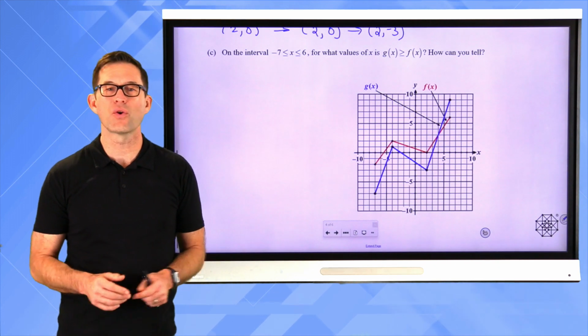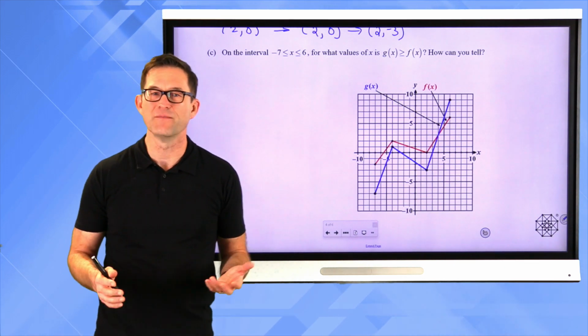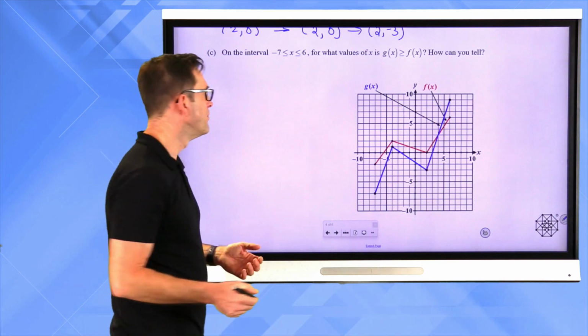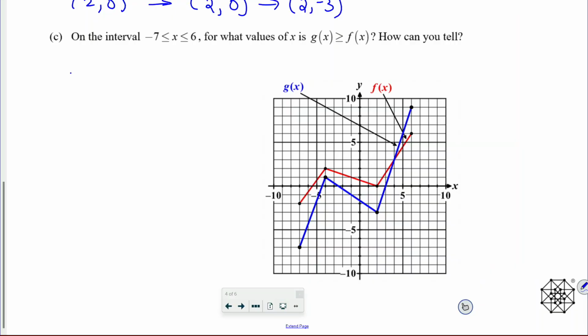Well, one thing that's kind of cool is you can almost test it. So for example, let's say I took x equals -1. Is g of -1 greater than or equal to f of -1? Here's -1.